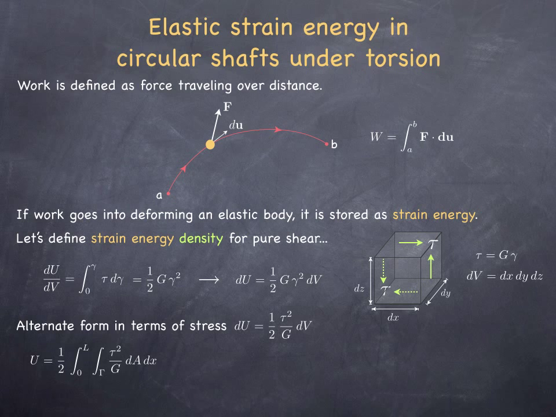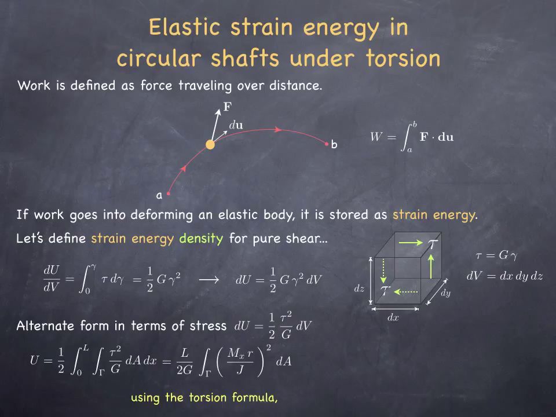So then we can also pull out the G from this integral, and also recognize the fact that nothing else in this integral depends on x. So the outer integral simply gives us an L. We end up with L over 2G and an integral of tau squared dA to carry out.